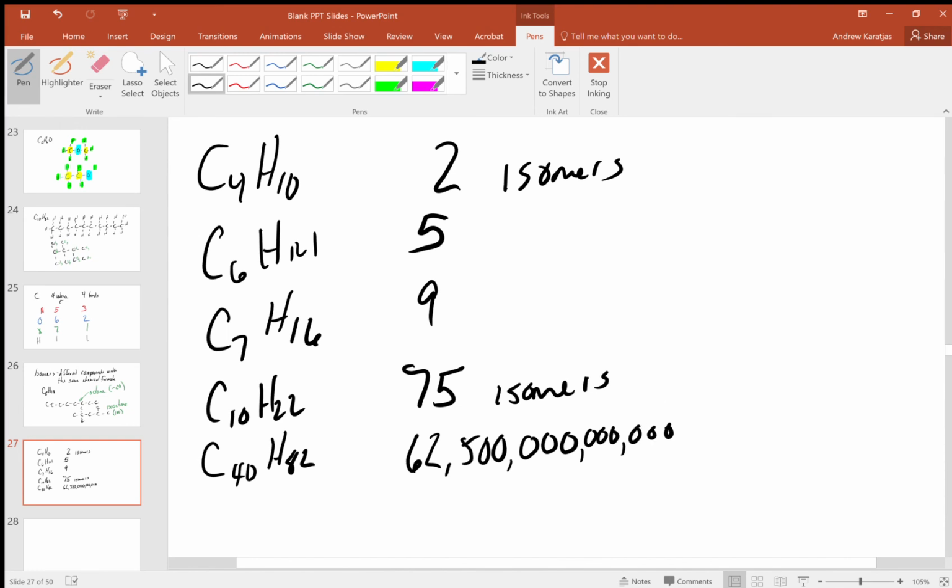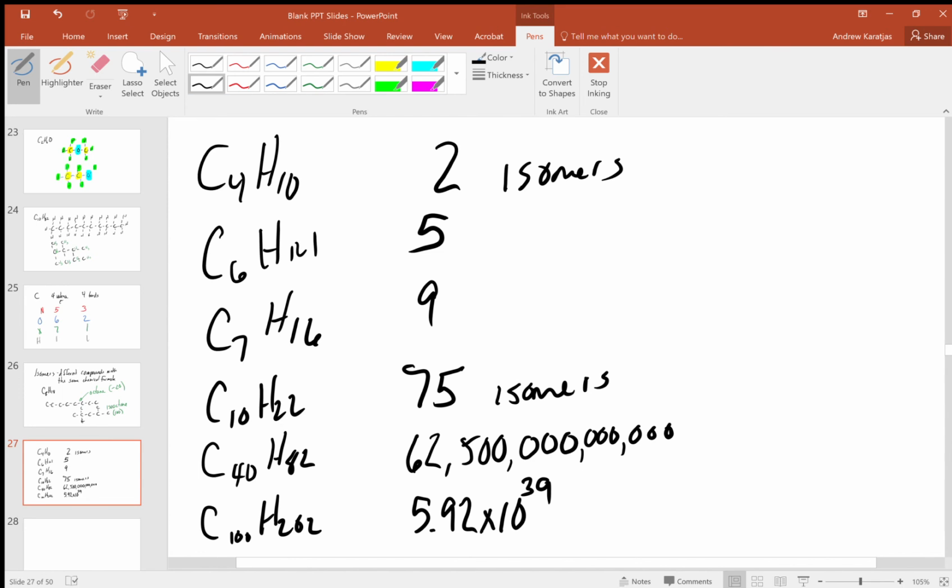Over 62.5 trillion. And if we go all the way up to C100, almost 6 times 10 to the 39th possible isomers.